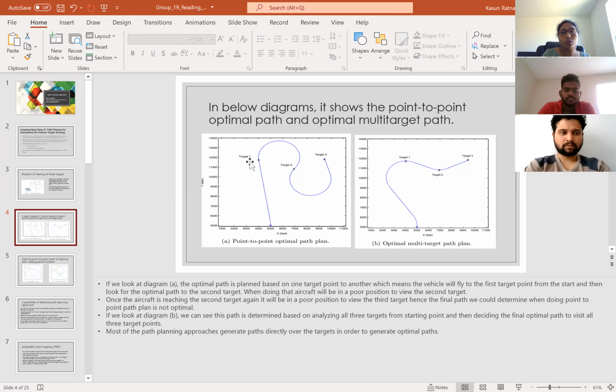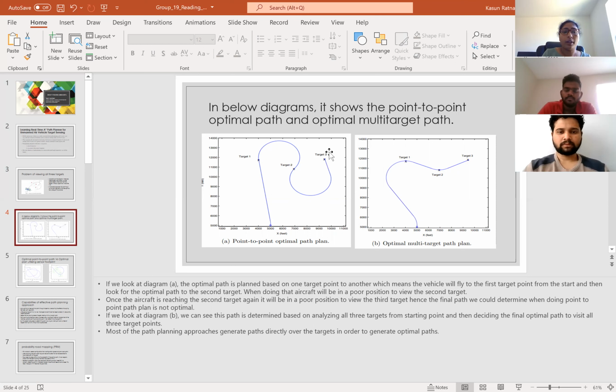location, it has to be always a little bit over the target point. Once the aircraft is reaching the second point, then again target 3 will be a little bit higher. So we have to fly a little further or go under to find the correct location.